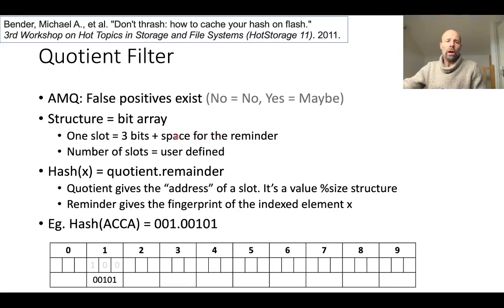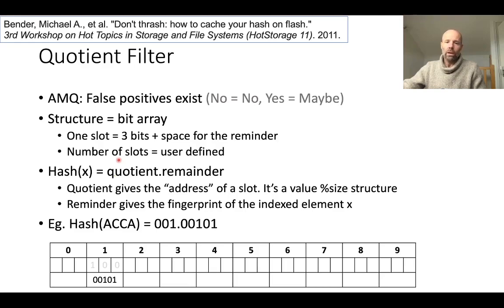When you want to add an element x, you compute its hash value with any hash function, and you split the hash value into two parts, the quotient and the remainder. The quotient is going to be the address of x in the quotient filter, and the remainder is what is stored in the quotient filter at this address.